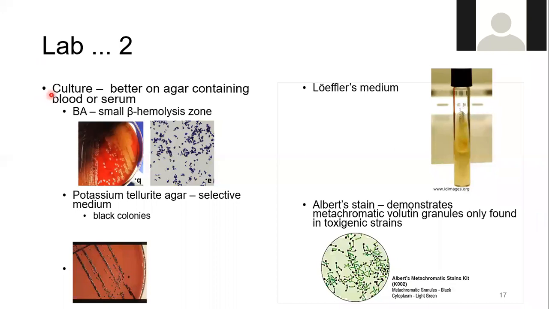For culture, it tends to grow better on media that has blood or serum in it. On blood agar, they usually have a small zone of beta hemolysis. On gram stain, you can see that most of them tend to be joined, they don't separate out.